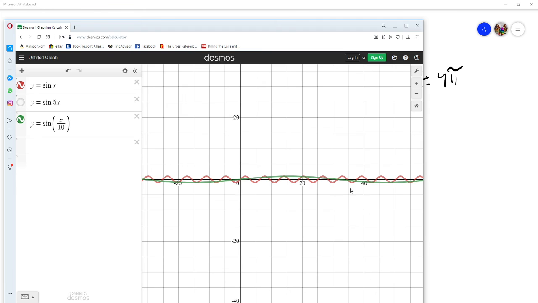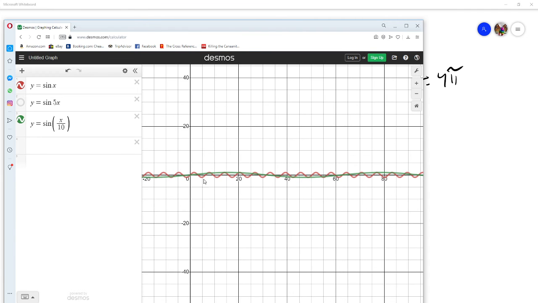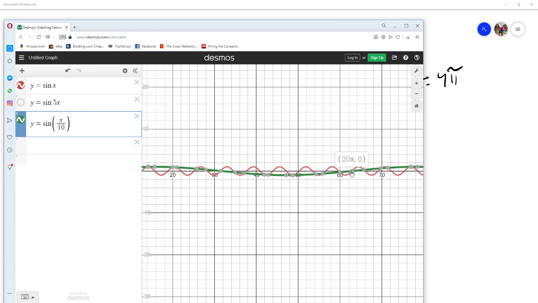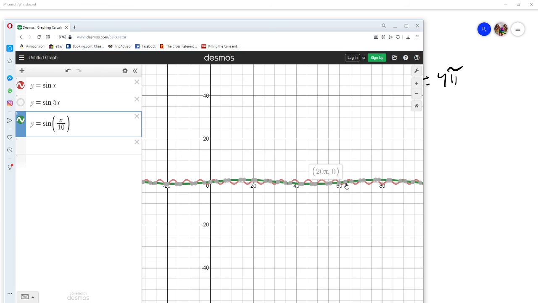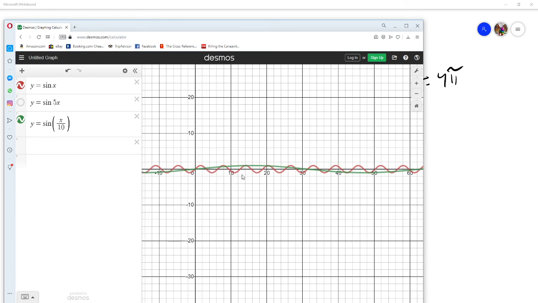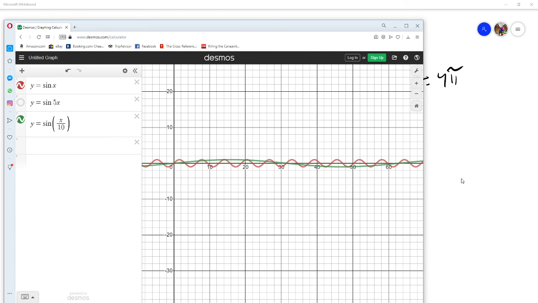So we can see how stretched out that became. There's our 20 pi right there. So you see how stretched out that became in comparison. That's one nice thing about this program Desmos, is you can see visually what's going on with a graph much quicker and easier than a lot of the graphing calculators. It's partly why I just love using this website.